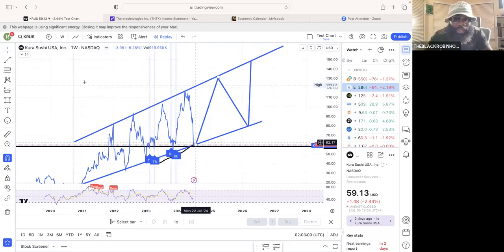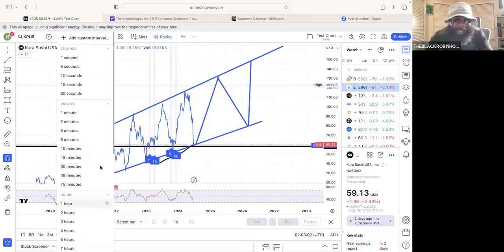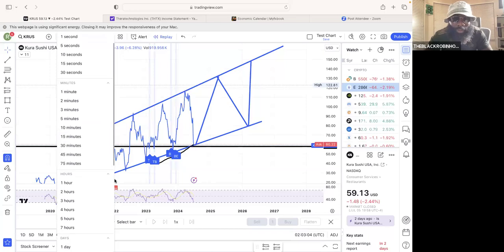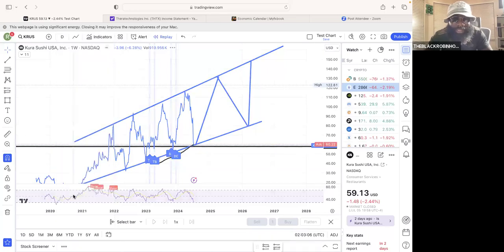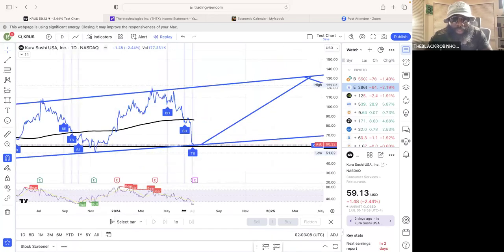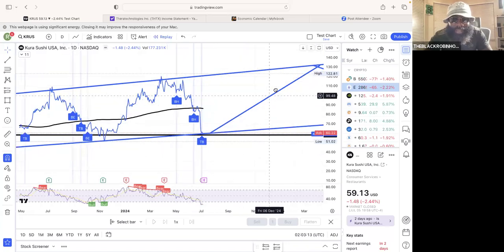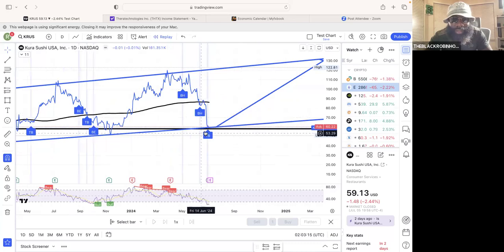So now we're gonna go to daily. It's really that simple. I'm not even paying attention to any indicators or whatever, but let's see. Up, down. So it looks like there's a divergence here.